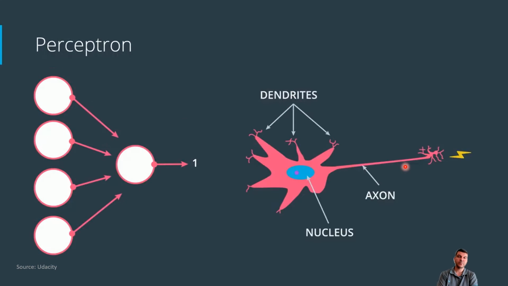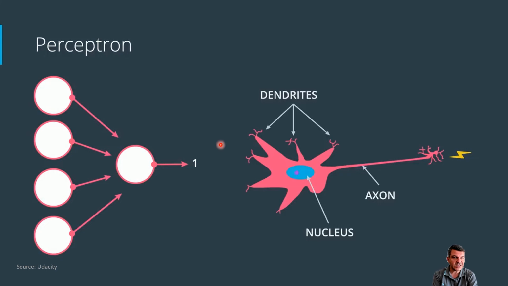Now, what is a perceptron? Well, the perceptron is actually something like the dendrites of the brain. You see, the dendrites receive some input, they make a kind of calculation, let's say, inside and fire to the next neuron. All right. Equivalently, we have some inputs here. We make a summation. We have the decision-making part, which is our activation function, that based on the summation decides if it will fire or not as an output or as an input to another neuron.